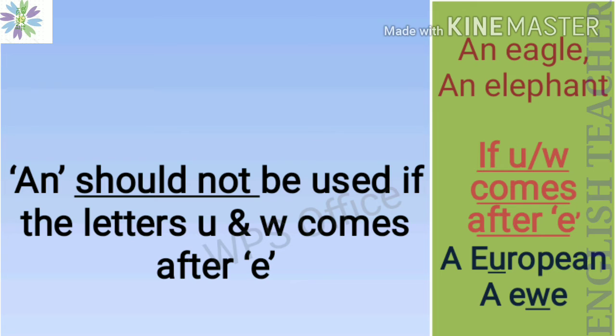An should not be used if the letters U and W come after A. Examples for this type are an eagle, an elephant. But if U or W comes after E, an should not be used. Examples are a European, a EU.